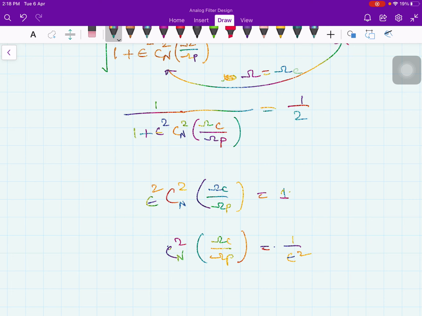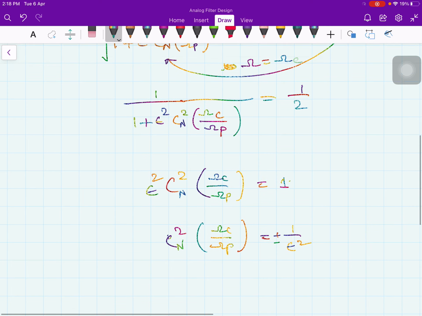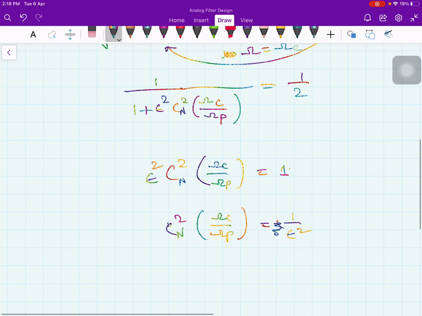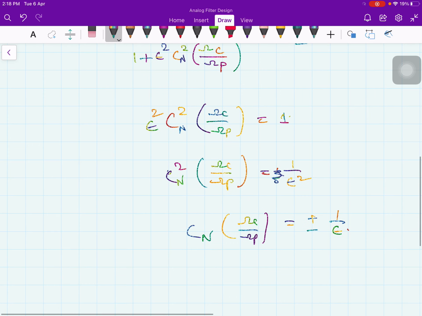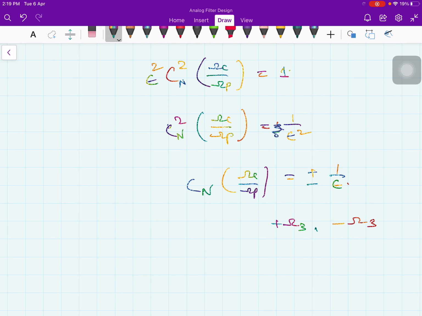and this can be plus or minus. If you take square root, then Cn of omega c by omega p is plus minus 1 over epsilon. Now I can take plus and minus and find plus omega 3 and minus omega 3, but let us take plus sign.